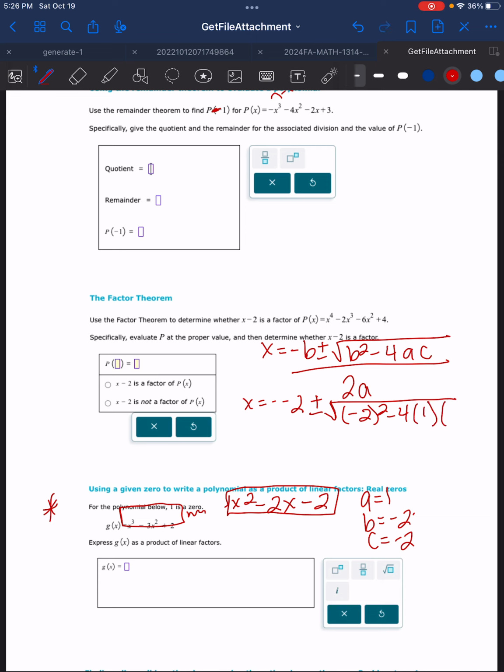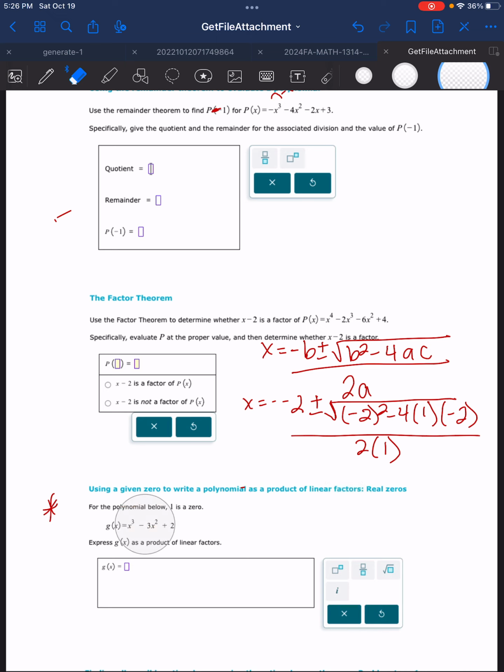A times C all over 2 times A. So now I'm just going to start simplifying things down. And I'm running out of room, so I'm just going to erase some things. Hopefully you just rewind the video.